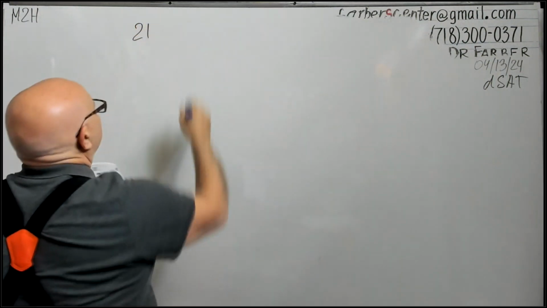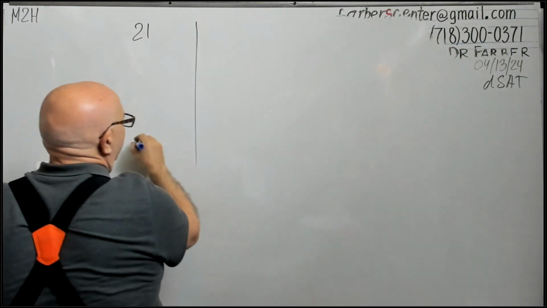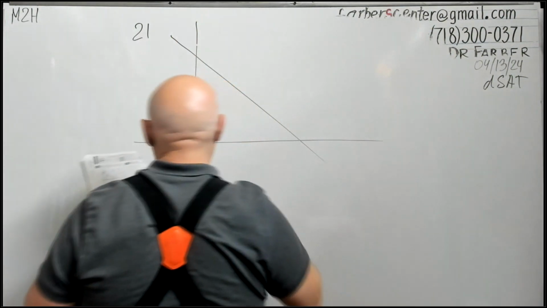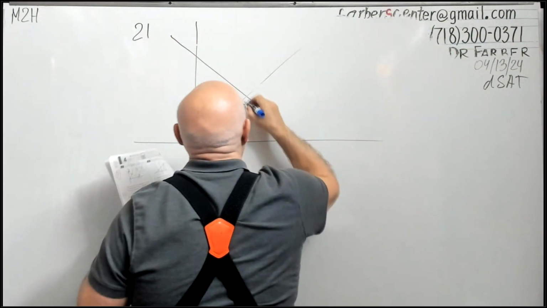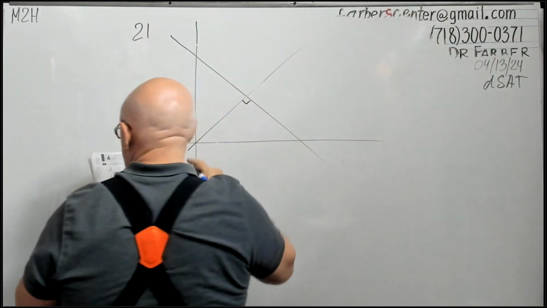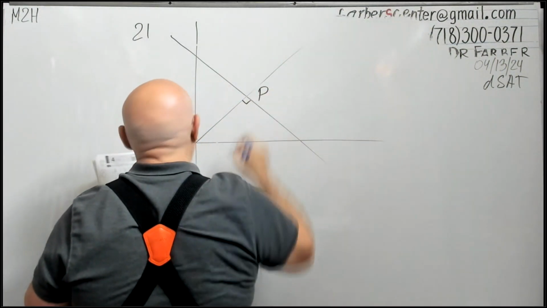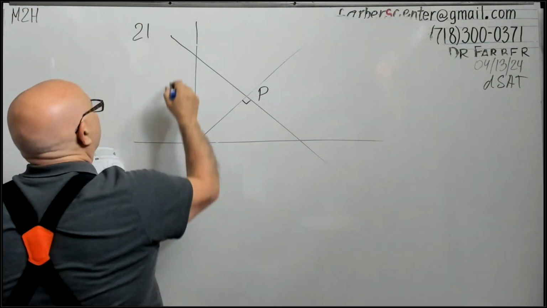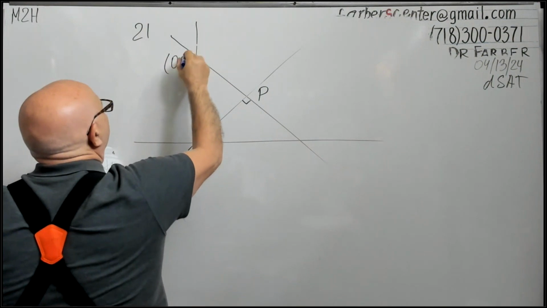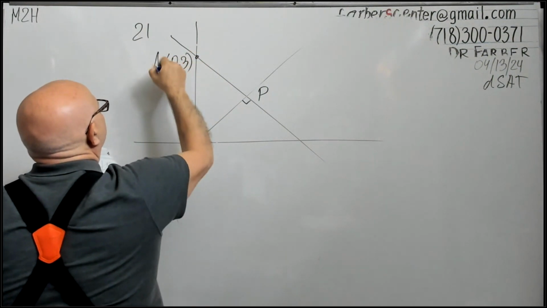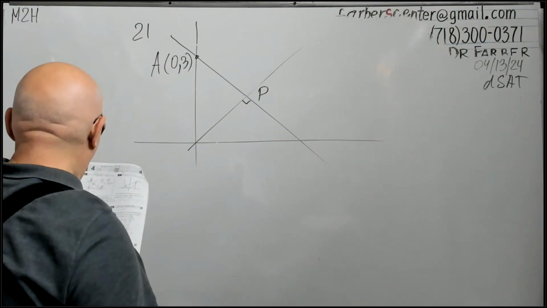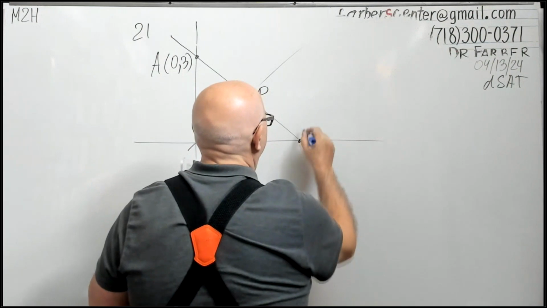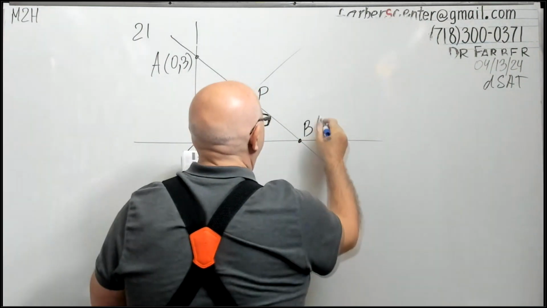First of all, let me make a picture. And since they give some points, not to make a mistake, this is 0, 3. Let me make this point A. What else? This is, let's say, B. They name it 4, 0.